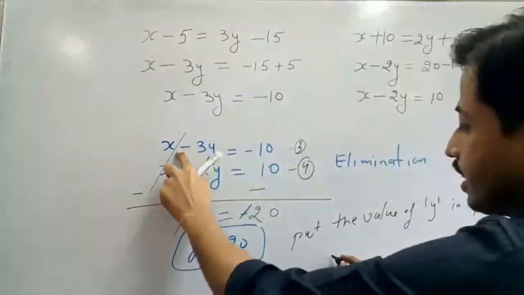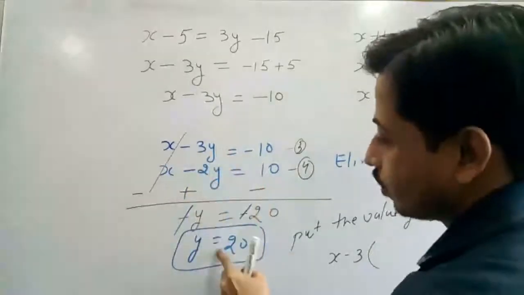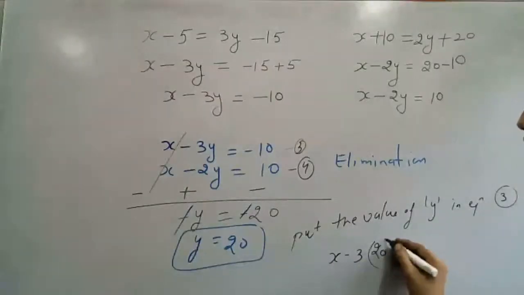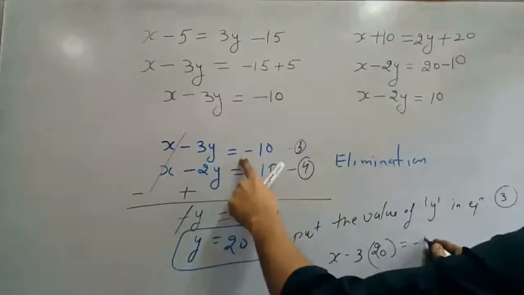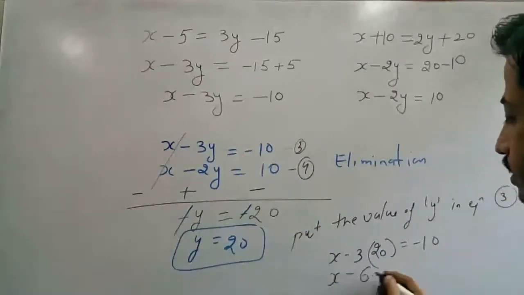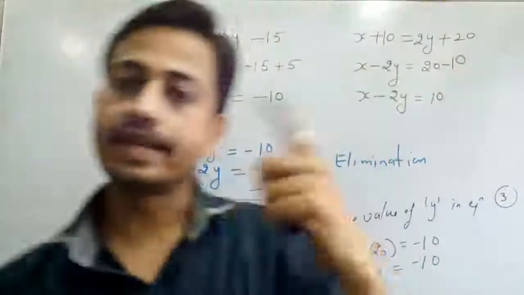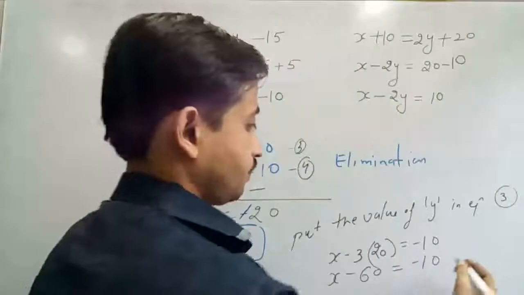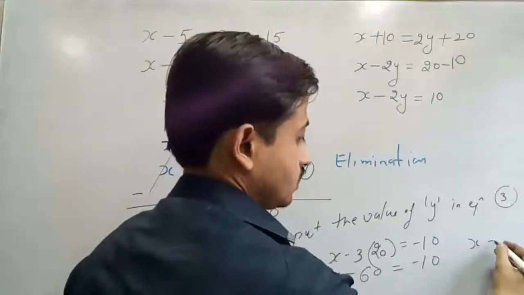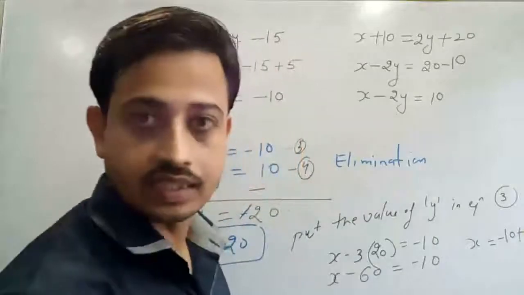So put it here, x minus 3 into y. Now the value of y is 20, is equal to minus 10. Please solve this. X, 3 into 20, we get 60, is equal to minus 10. Take the negative 60 on the right hand side. X is equal to minus 10 plus 60.